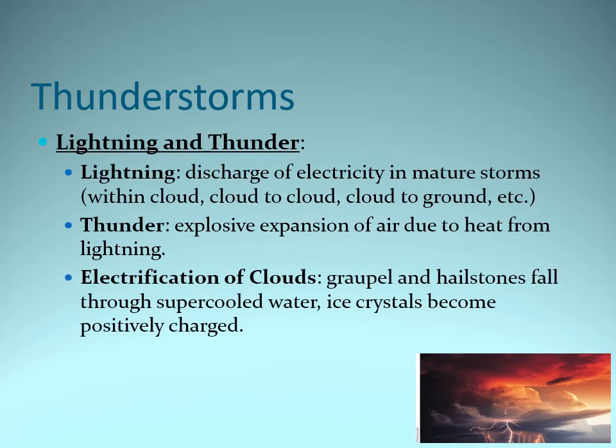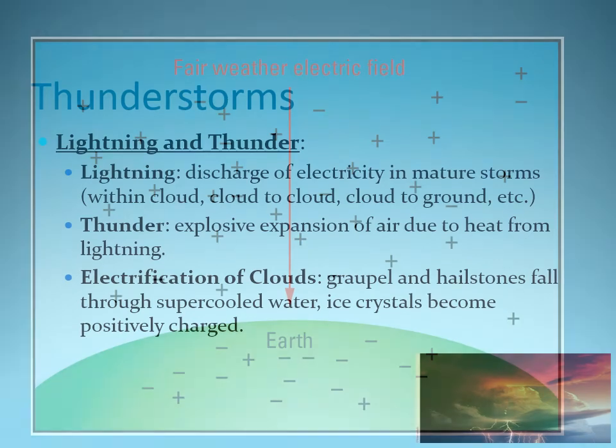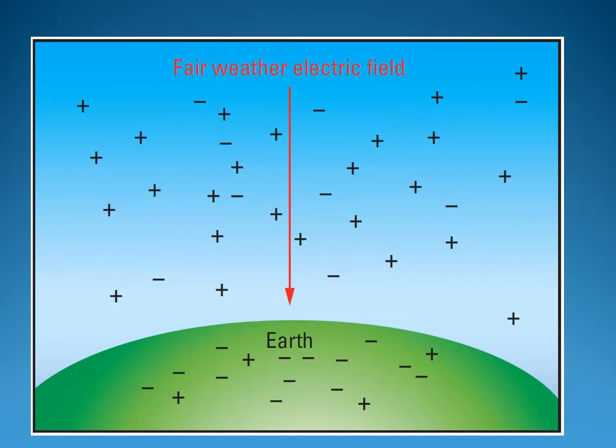And like I said, graupel, hail, supercooled water, and ice crystals all play a part in producing a strong enough electrical field to produce lightning. Believe it or not, we have an electrical field even when it's not storming outside.